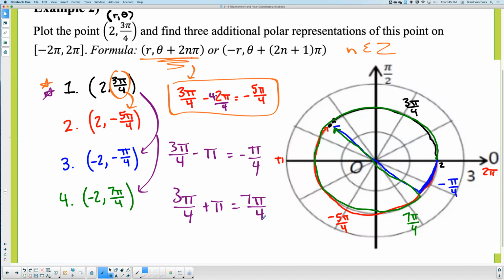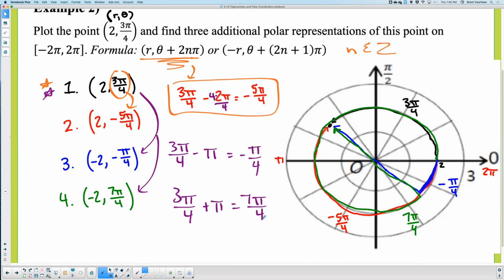Stay with me. Come on, Jaden. What happens to the radius from number 1 to number 3 or 4? The signs changed. So if you add 1 pi or an odd number of pi's, add or subtract, the radius will change. What happens if you add a 2 pi? It'll stay the same. Yep. And that's what it's walking you through there. That's what that formula is all about.